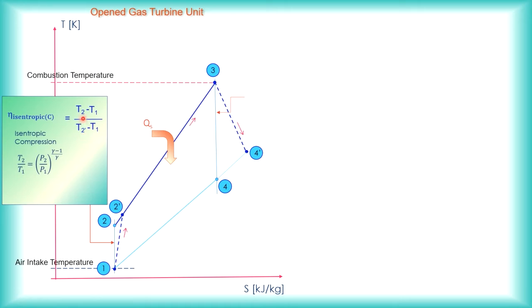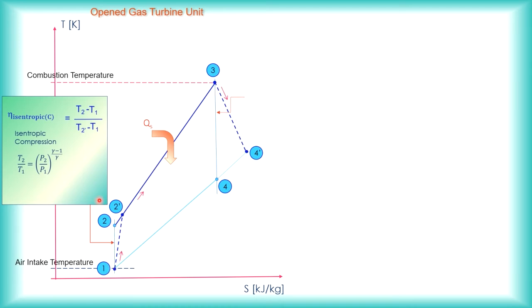In order to find T2 from this process, we usually take isentropic. Isentropic means you are referring to the vertical line, not the dashed line. The dashed line is not an isentropic process. It's an irreversible process. So the isentropic process only refers to state point 1 to 2.